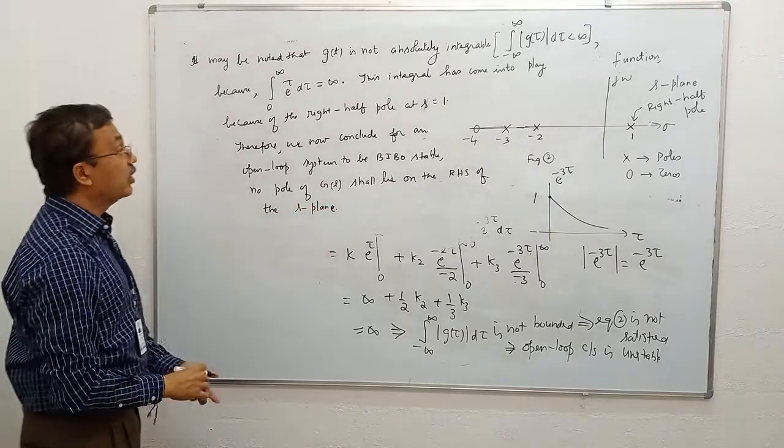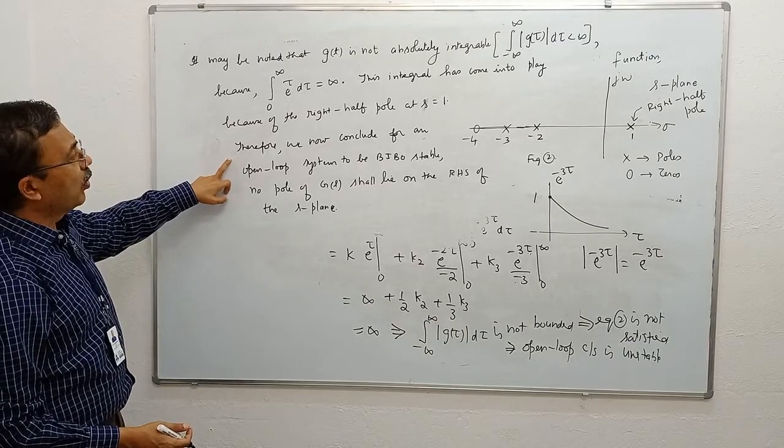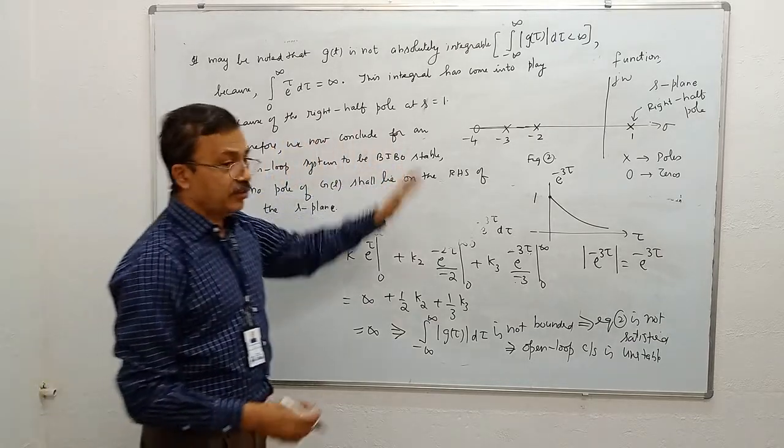Very important statement. So for an open loop system to be BIBO stable, no pole of g of s shall lie on the right hand side of the S-plane.